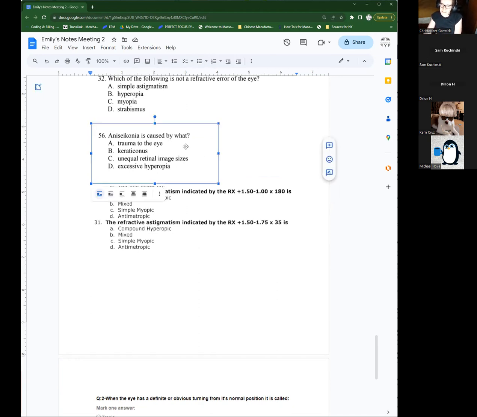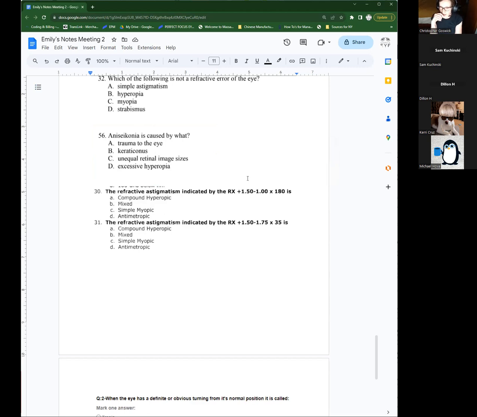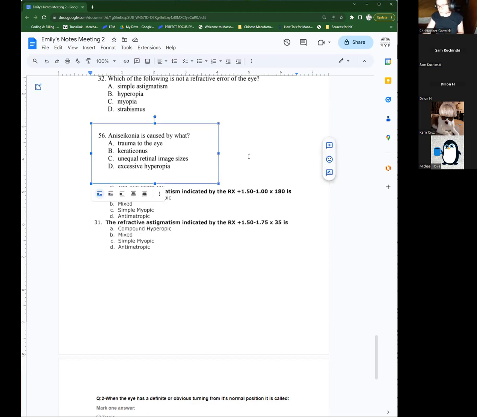I guess if you didn't know what it was, you could have some trouble, but none of the others really make a ton of sense. Excessive hyperopia is too much hyper. Trauma to the eye, I guess you could probably argue that maybe, but anyway, it's anisoconia. You need to know the definition: unequal retinal image sizes.